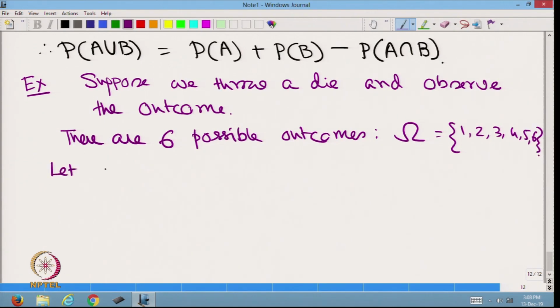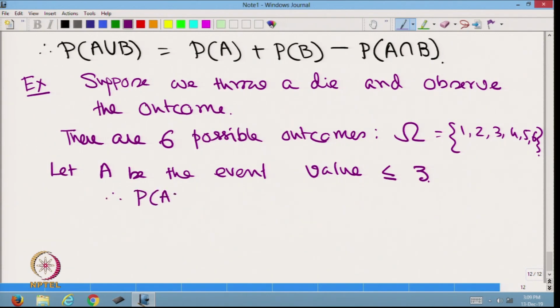Let A be the event that the value is less than or equal to 3. Therefore, probability of A: this event will be satisfied when the outcome is one of 1, 2 or 3. Therefore, probability of A is going to be 3, total number of possible outcomes is 6, is equal to half.